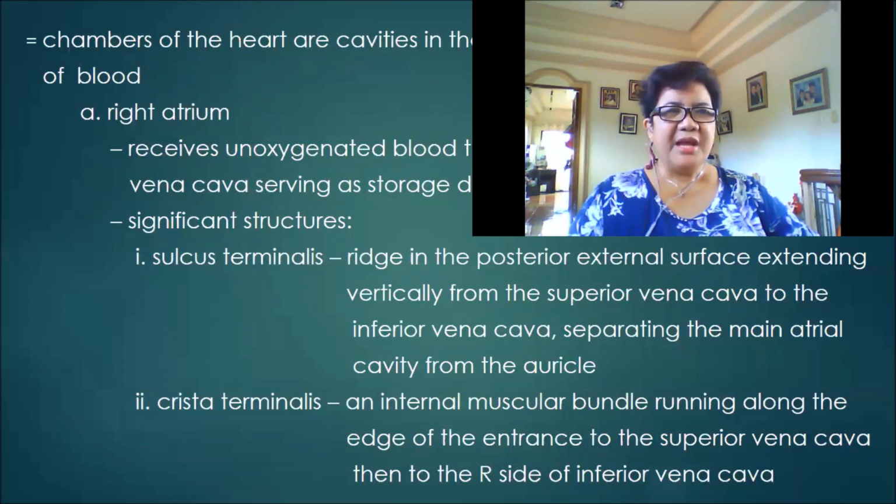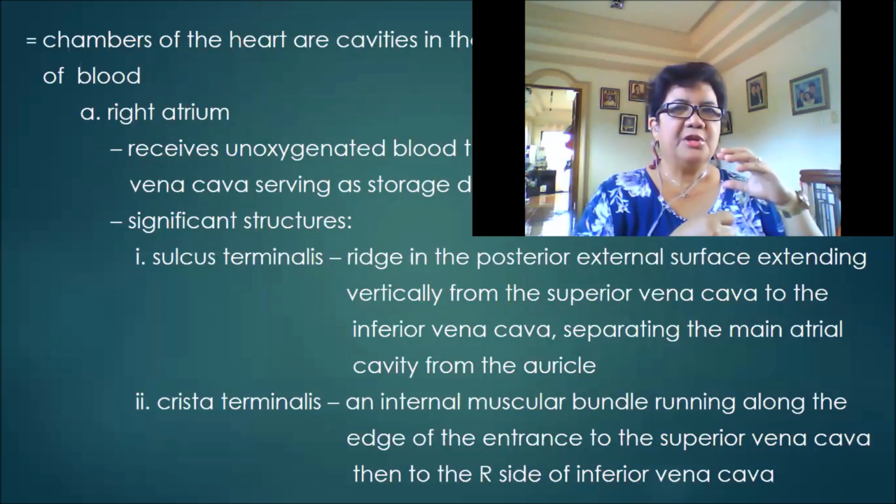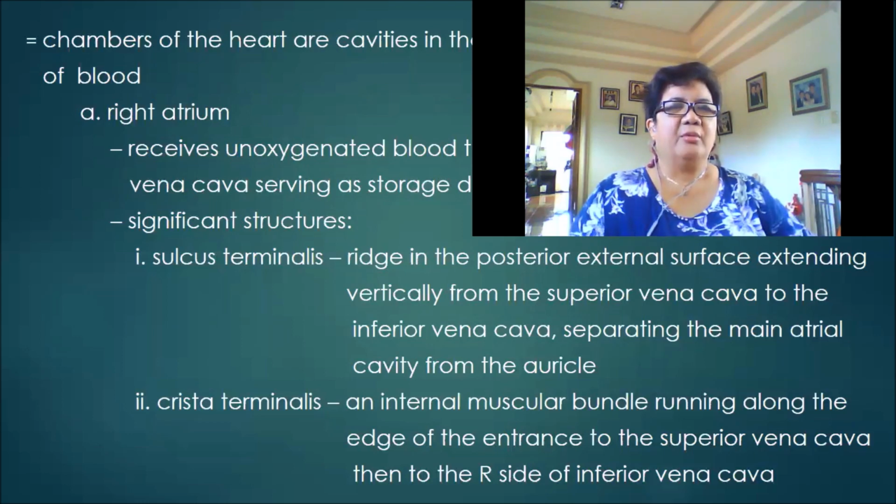This will just act as temporary storage during ventricular systole, or ventricular contraction. So while the ventricle is contracting, the right atrium will be receiving blood coming from the superior and inferior vena cava. Now, what will you see in the right atrium?